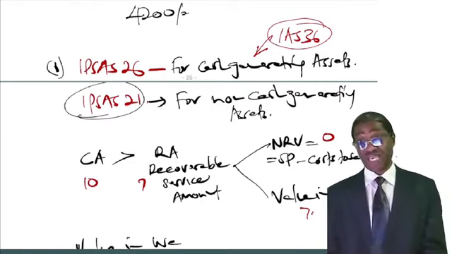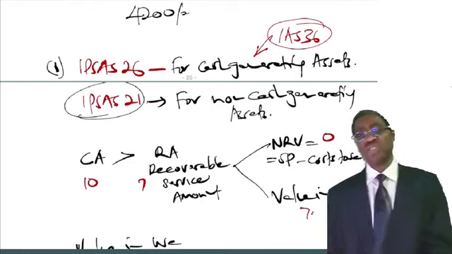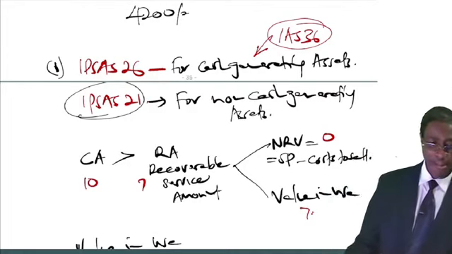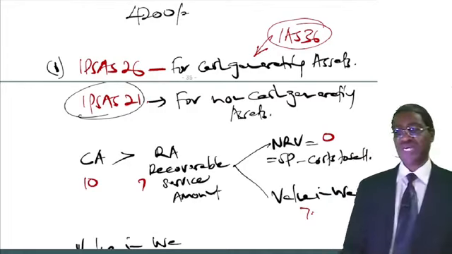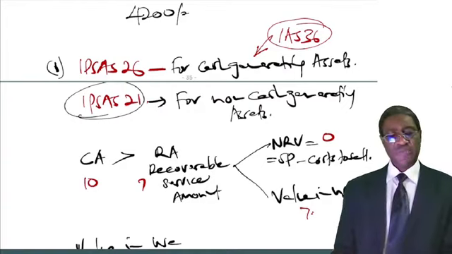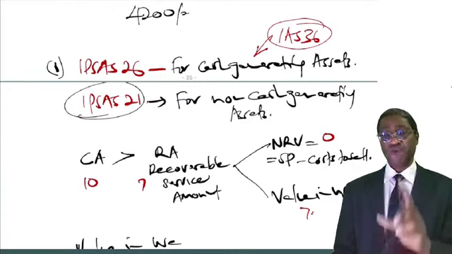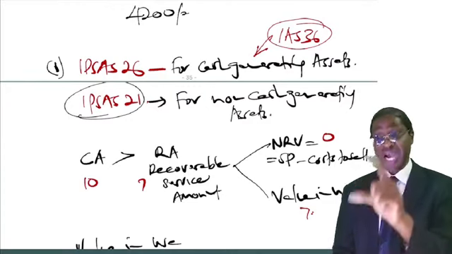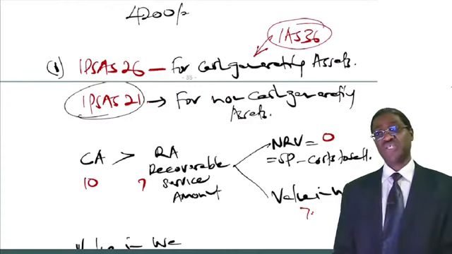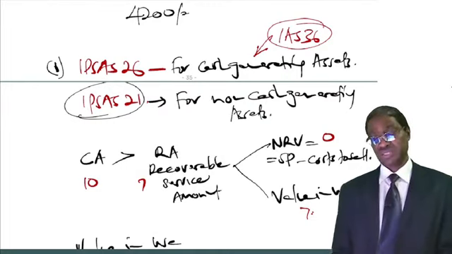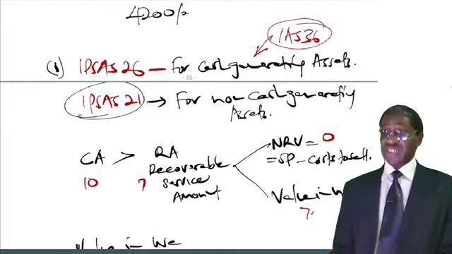For one, IPSAS number 26. Then you put a dash. Say this: for cash generating assets.